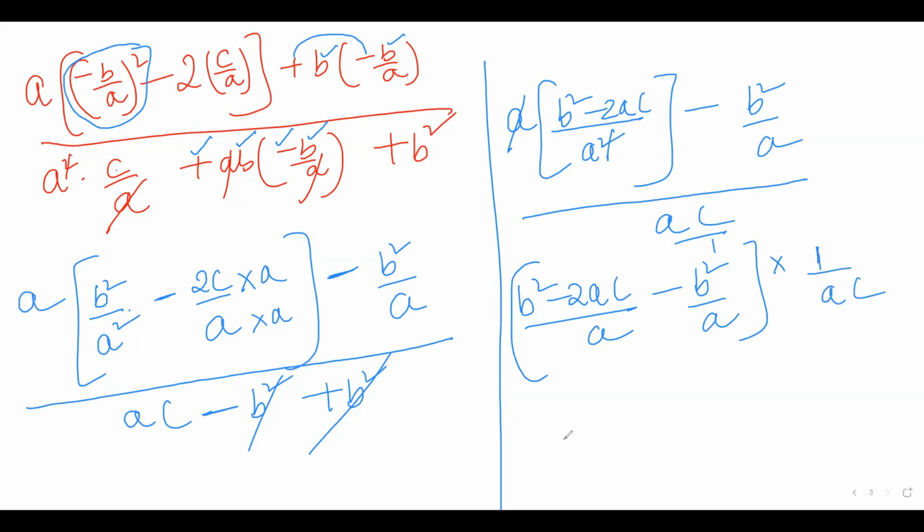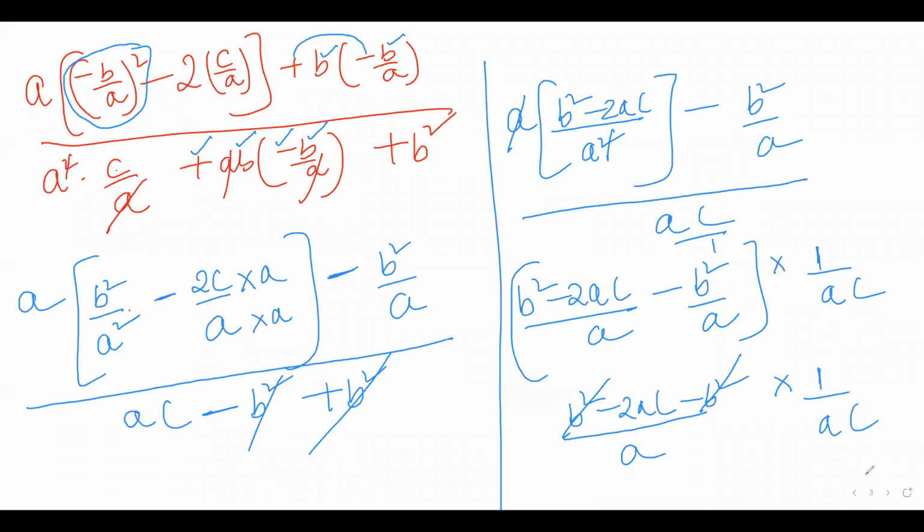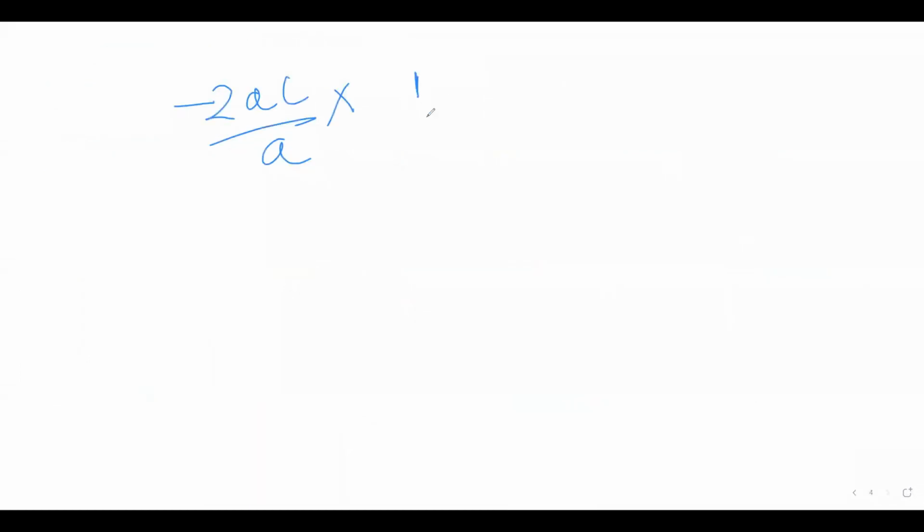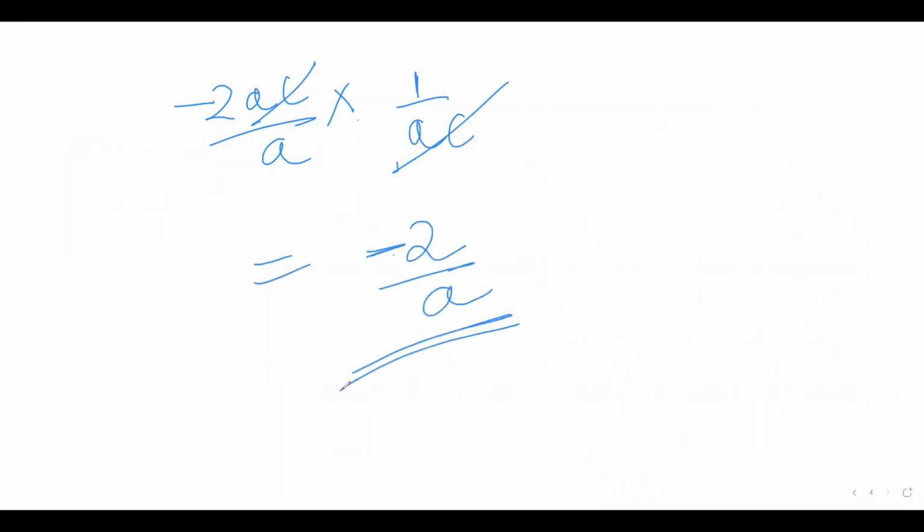A is the LCM. B square minus 2AC minus B square into 1 by AC. B square cancels. So minus 2AC by A into 1 by AC. AC will get cancelled. Minus 2 by A remains.